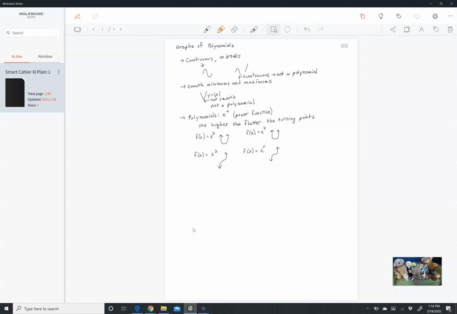Okay, so a couple more things about the graphs of polynomials. So we looked at what happens to a graph as we go left to right, but now we're going to look at something called end behavior. So with end behavior, we're looking at a graph in a slightly different way.